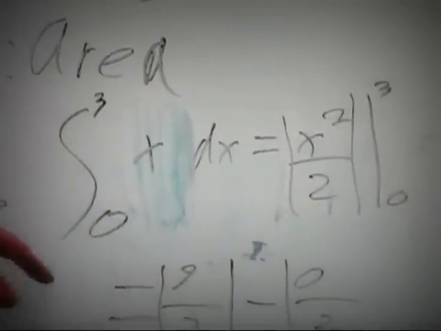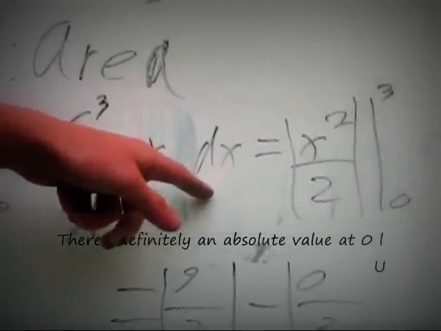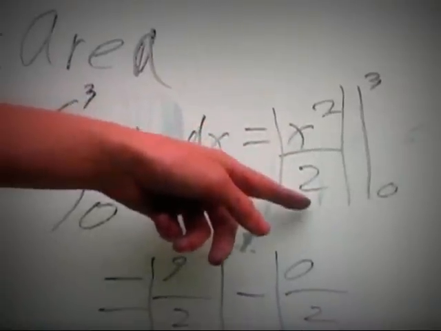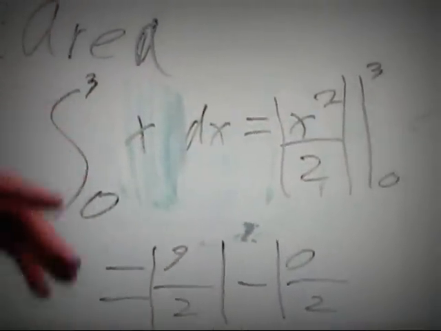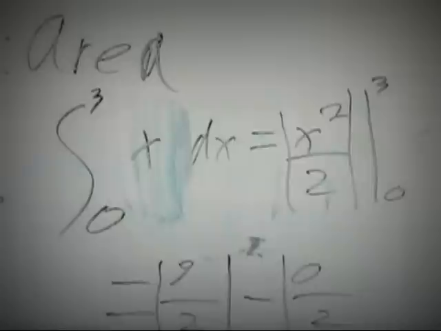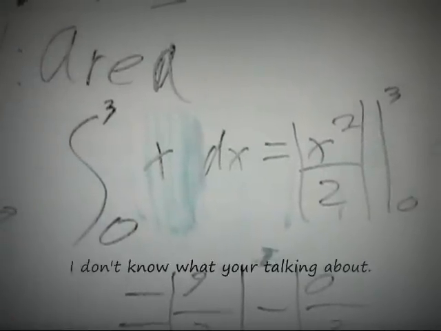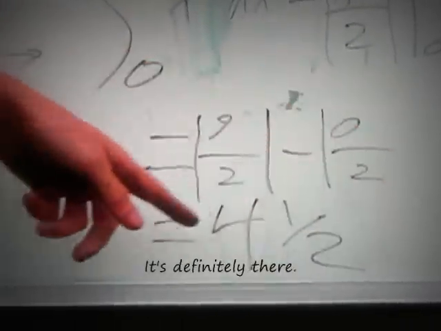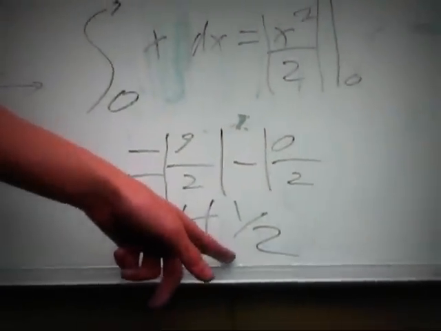You set it up as the integral from 0 to 3 of x dx, and you solve it all the way through to x squared over 2. Now you want to take the absolute value of this function, otherwise you're not obtaining the entire space from 0 to 3. So then you set up everything, go through the motions, and you get 4.5.